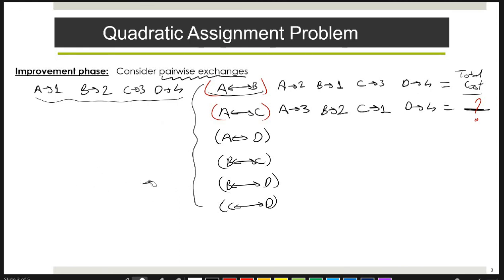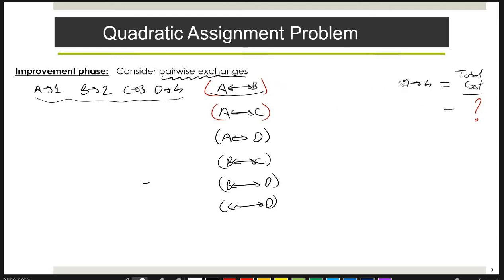Okay, let me calculate these. Okay, replacing A and B. If we replace it, what will be the total cost? Again, you need to calculate the total cost like we calculated in the previous case.